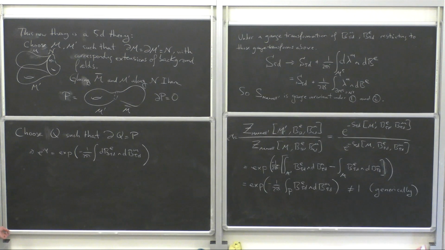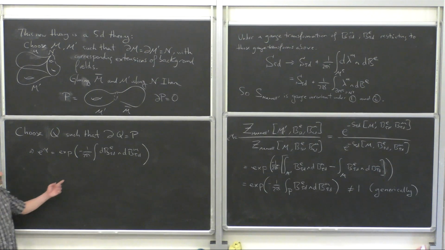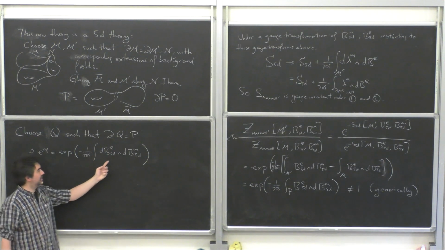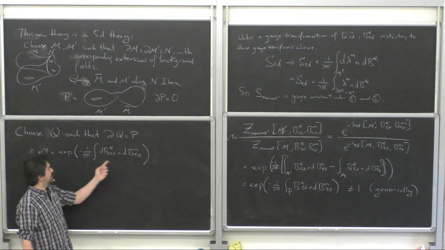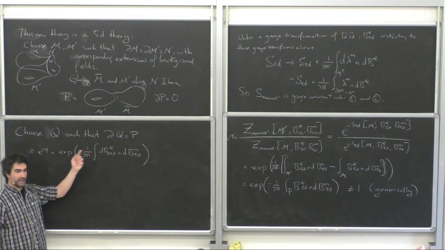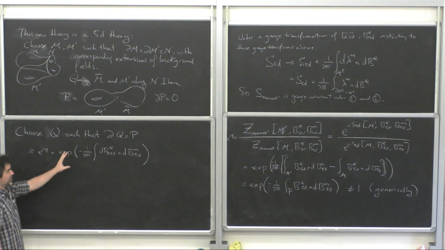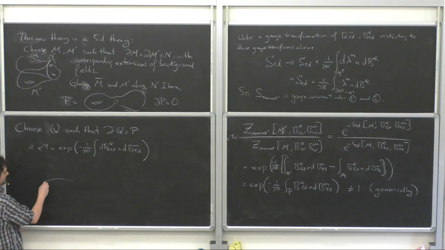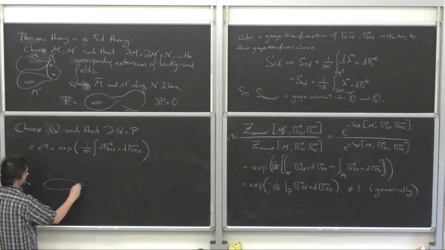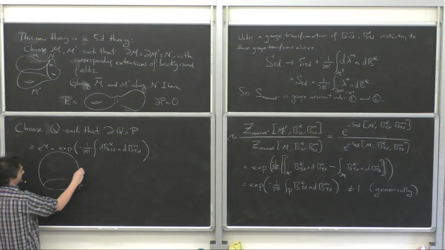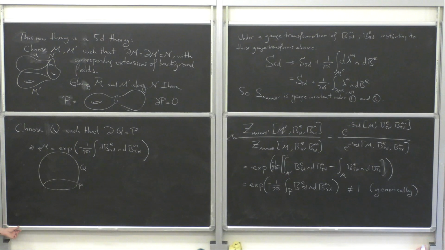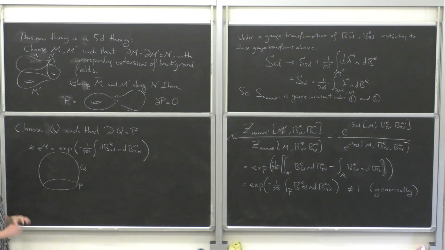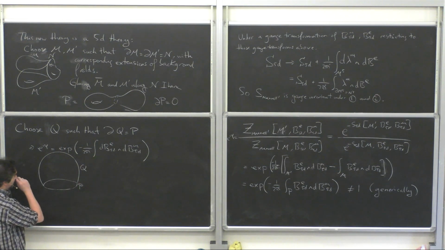Now, at this point, there's something very tempting to say, which is wrong: that because these things are 2 pi quantized, you get the 2 pi from here, 2 pi n, 2 pi m, so this whole thing is the exponential of 2 pi n times i, so it's 1. That's not correct, because the picture is a bit like this. You have a P, you have a Q, and the statement is that these fields are integrally quantized when written on manifolds without boundary.